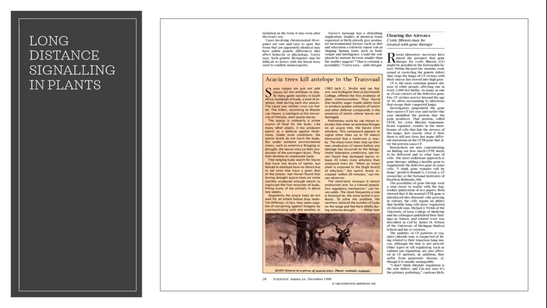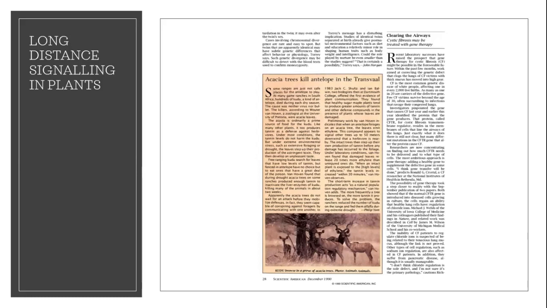So this is a good example of how signal transduction can work not only over short distance and long distance, but also over very long distance in the case of plants, where signals can not only affect the same plant but also the other surrounding plants, and bring about a certain response in them. So this was a very classical example of long distance signaling in plants, using various hormones, including ethylene, which was the prime example here in the case of acacia.